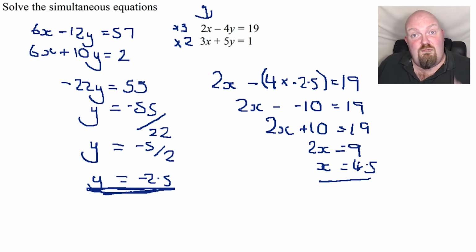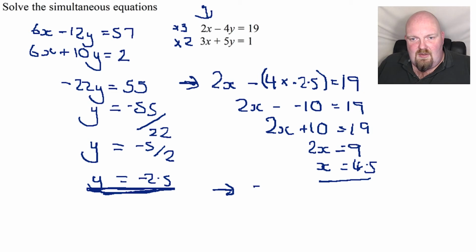Now, if you're feeling really confident, you could move on from that. But I would always recommend that you substitute these values back into one of the equations. Now, you'll notice in this one, I used the top equation, so to test it, I'm going to substitute into the bottom equation, okay?